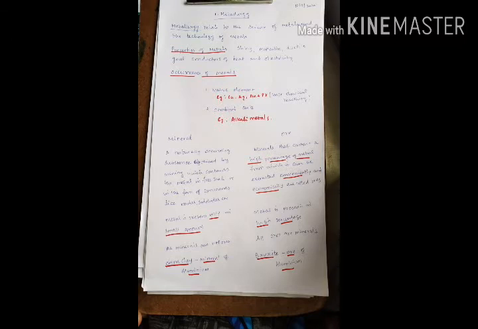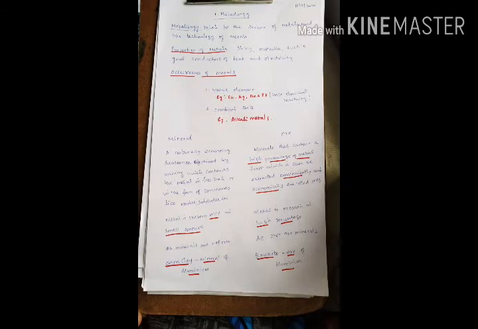Ore means what? What is the meaning of ore? Minerals that contain high percentage of metal from which metal can be extracted conveniently and economically are called ores. Some of the minerals contain higher percentage of metals, and those minerals are called ores.